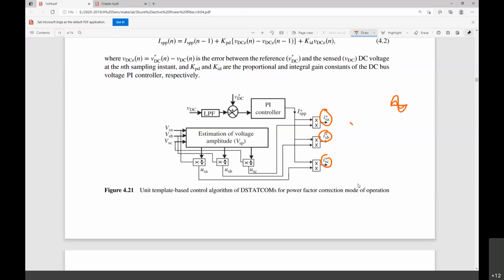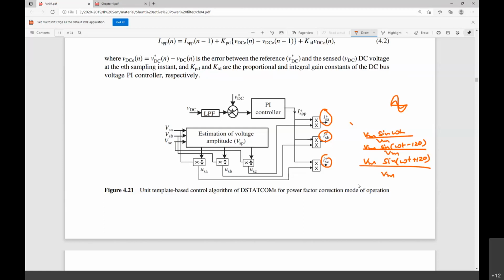What they did was, if you take the voltages as Vm sine omega t, Vm sine of omega t minus 120 for Vb, or Vm sine of omega t plus 120, they divide all the signals by the voltage magnitude Vm.